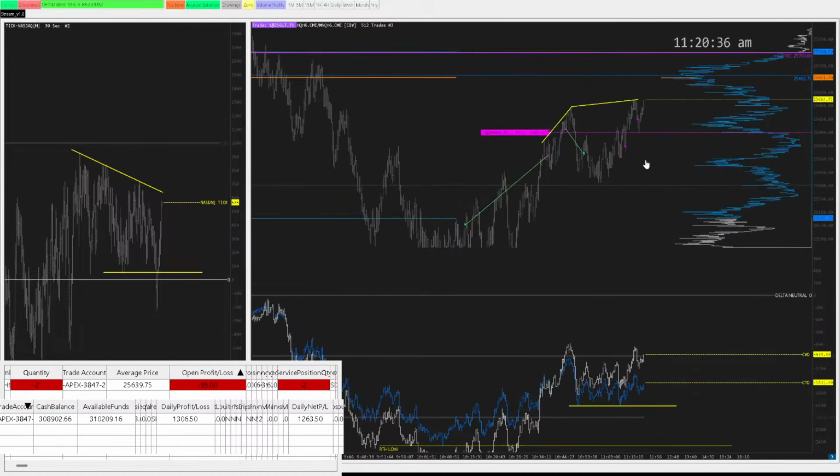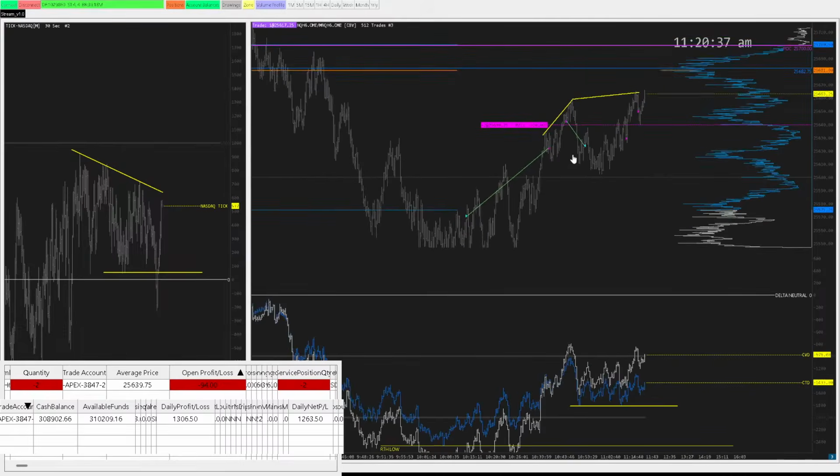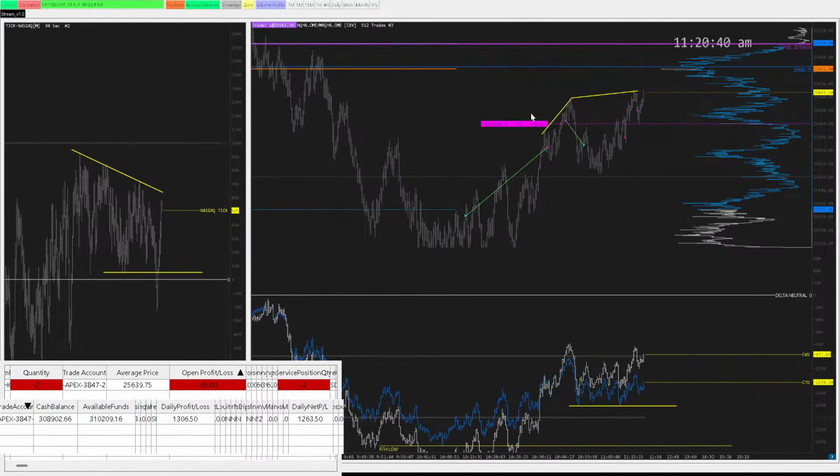Again, this position monitor is not the actual P&L on the trade. It's the little box that you're looking at.